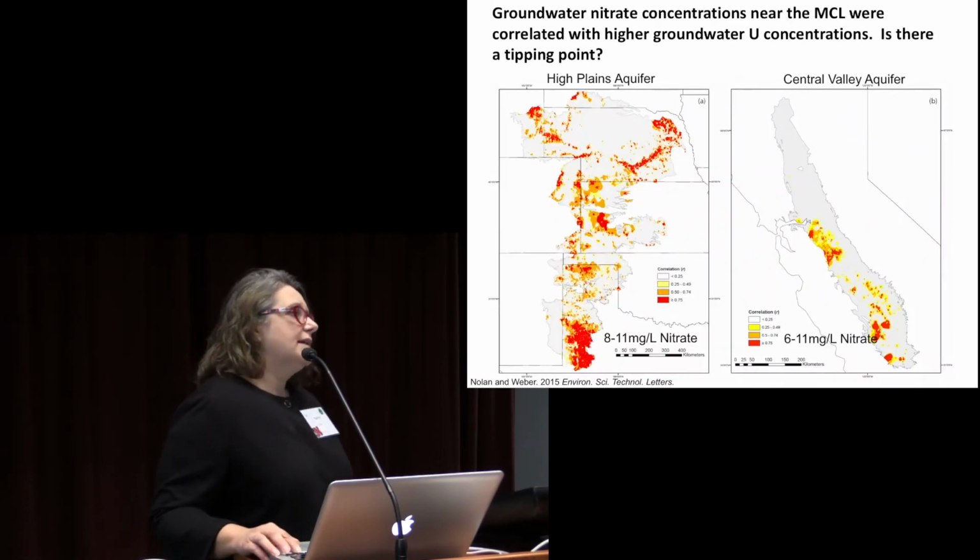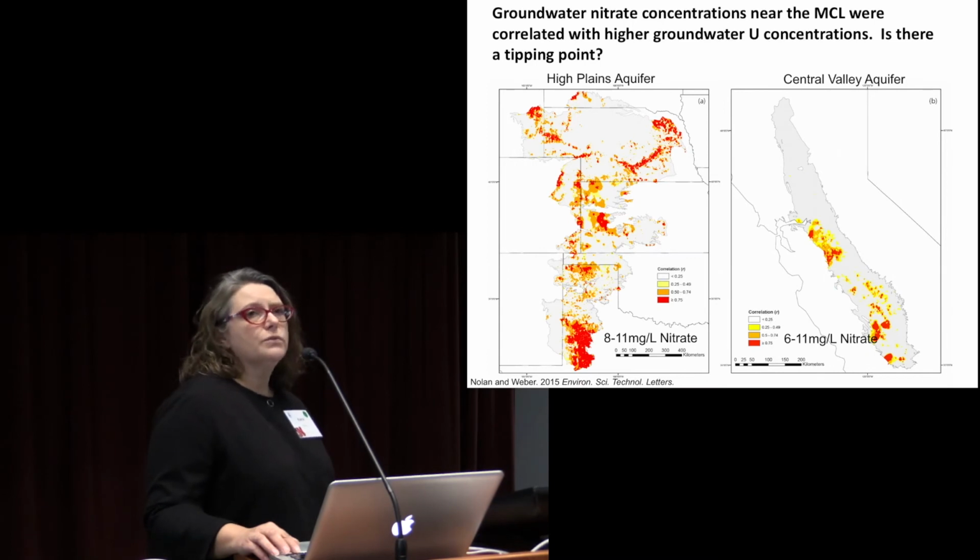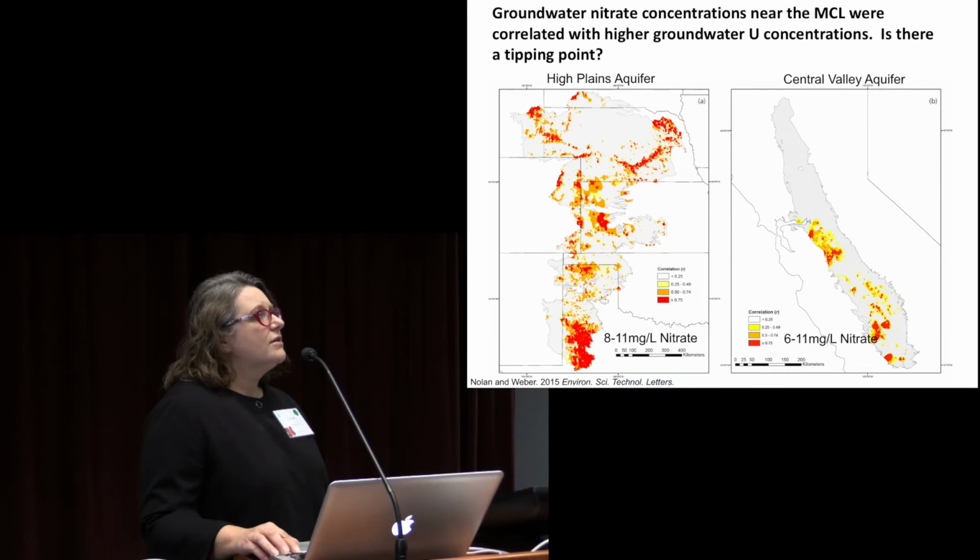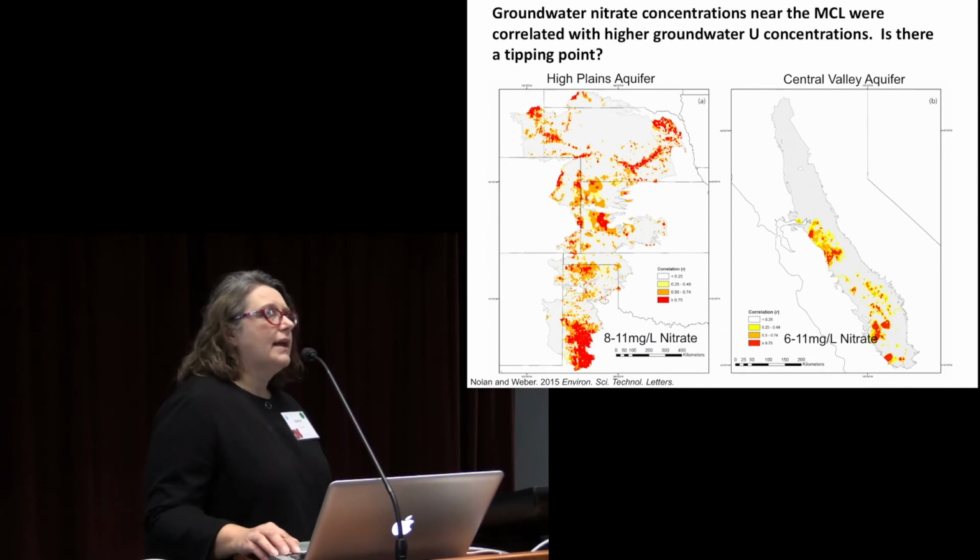If we go back to the metadata and look at the regions where we saw a strong correlation, it would suggest that no, you don't necessarily have to have no nitrate within the system, but perhaps there might be a tipping point, and that tipping point might be closer to the MCL that's already established.